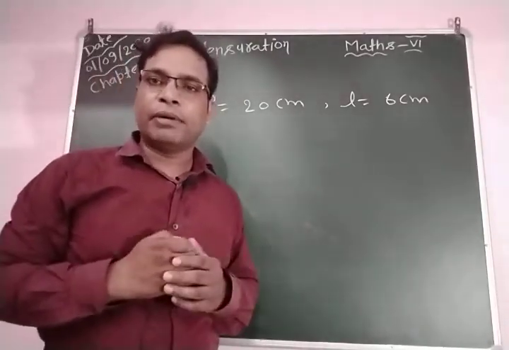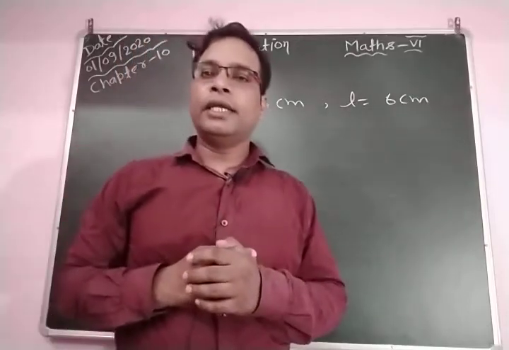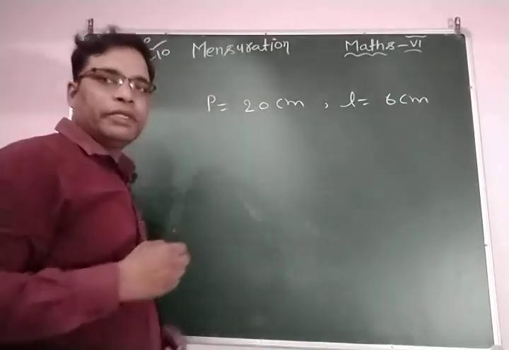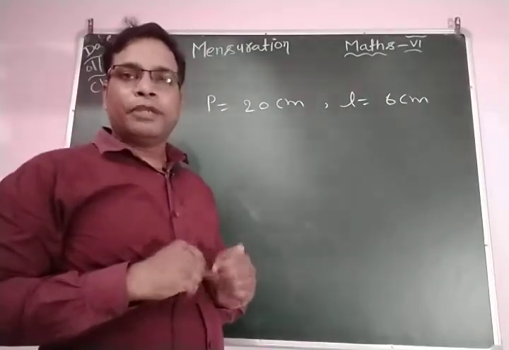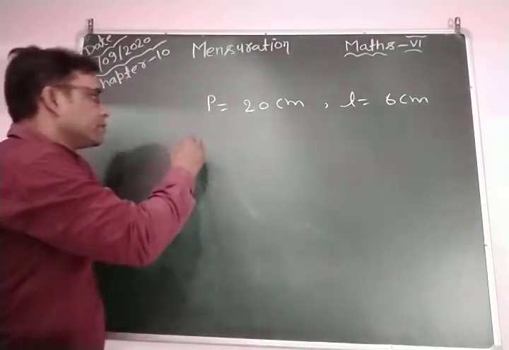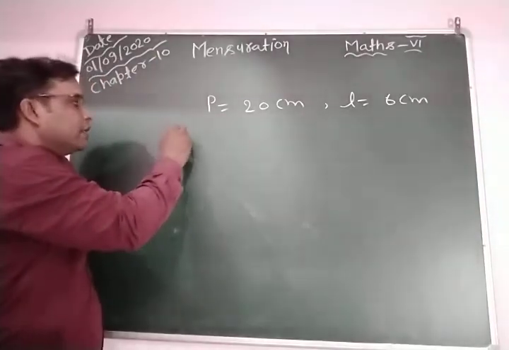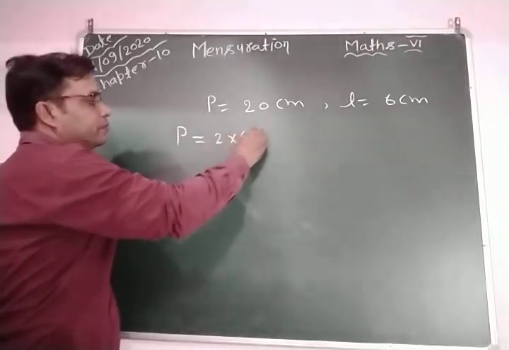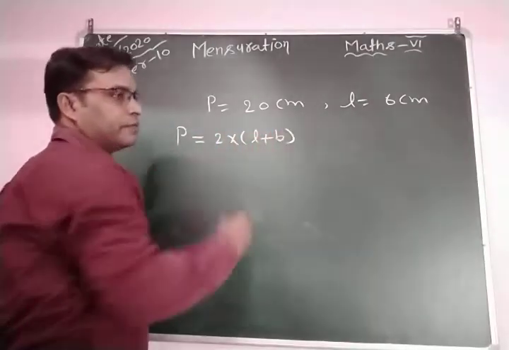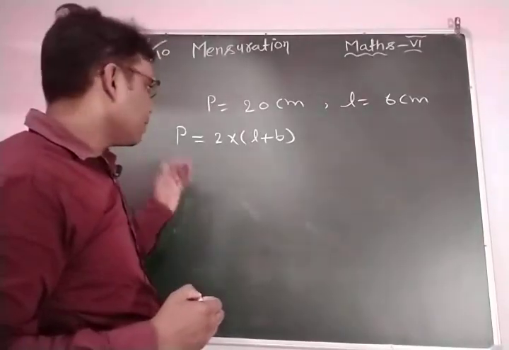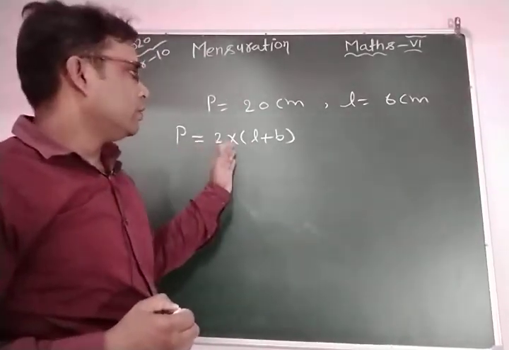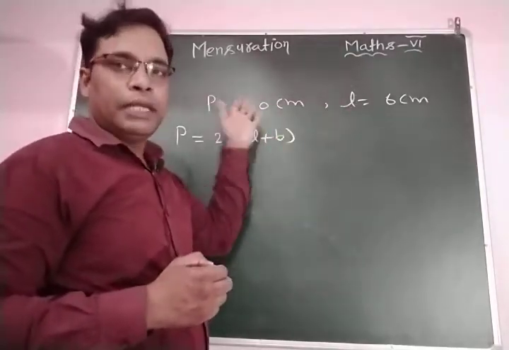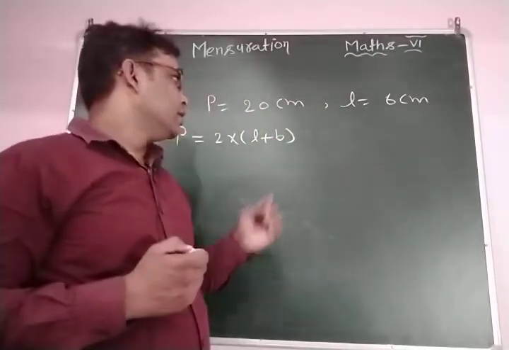Here we discuss the relation between perimeter, length and breadth of the rectangle. You know very well that perimeter is equal to 2 into length plus breadth, but here length and perimeter are given, and we need to find the breadth.